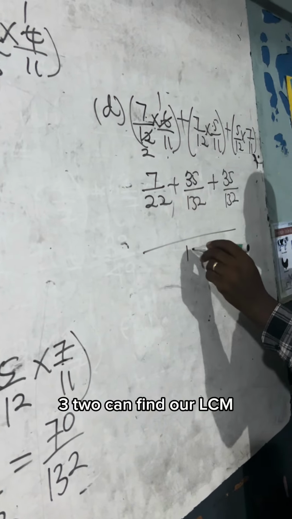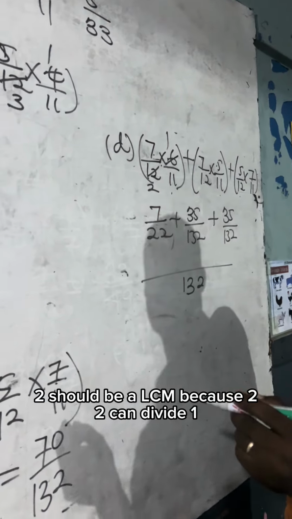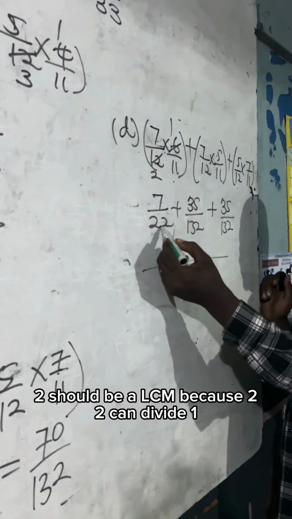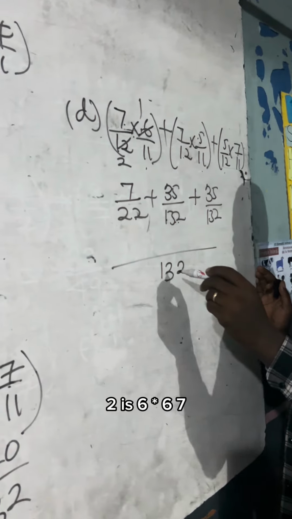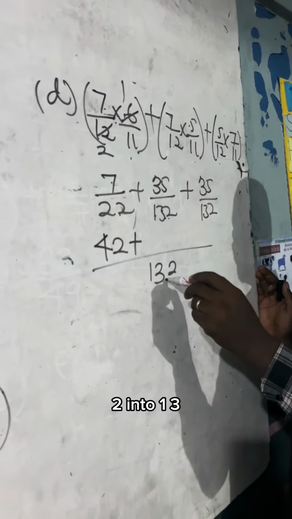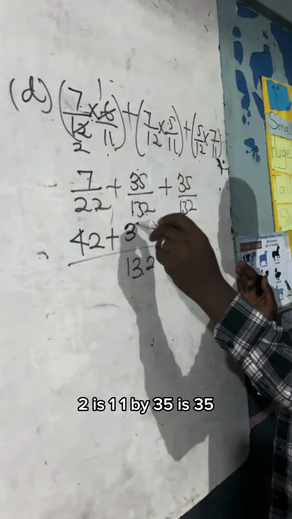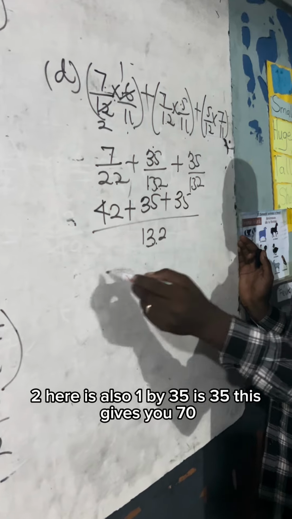You can find our LCM. 132 should be our LCM, because 22 can divide 132. So 22 into 132 is 6, 6 times 7 is 42. 132 into 132 is 1, 1 by 35 is 35. 132 here is also 1 by 35 is 35.